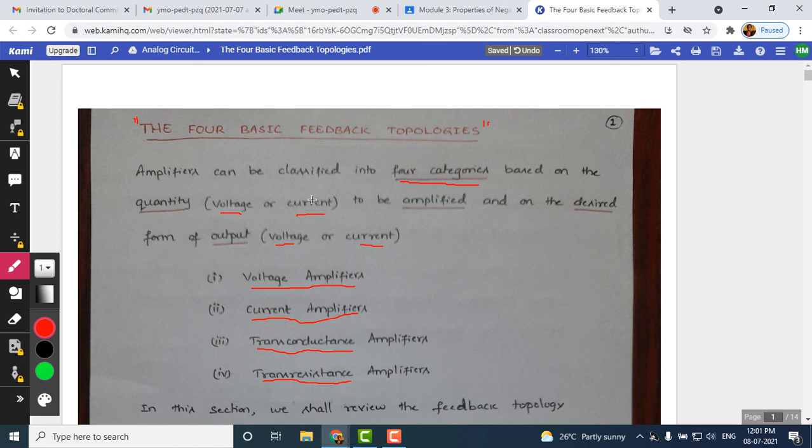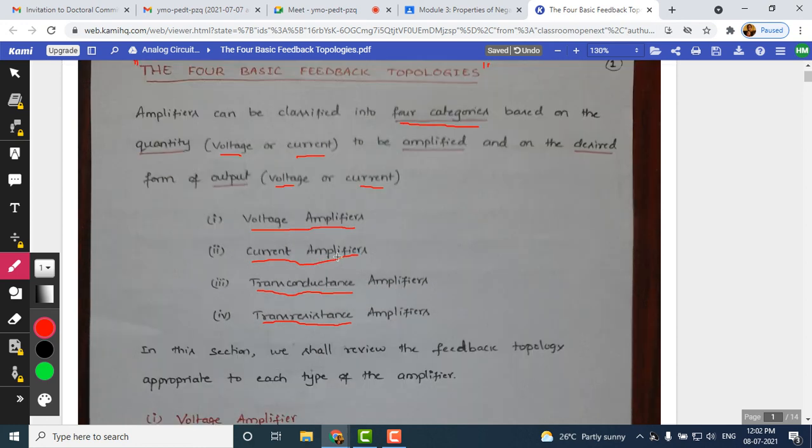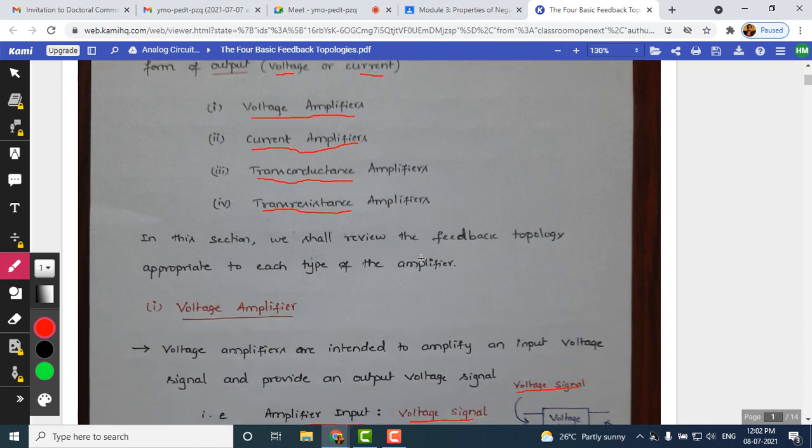You might have come across these types of amplifiers prior to this topic, but this topic will give you a clearer idea about the different types of amplifiers and in what applications we can use them.